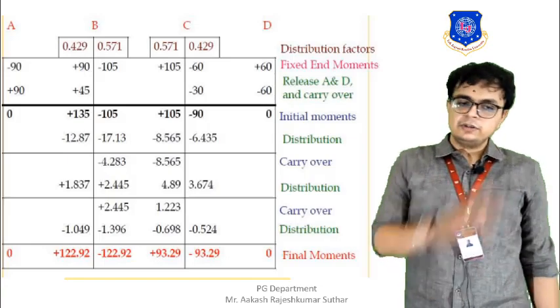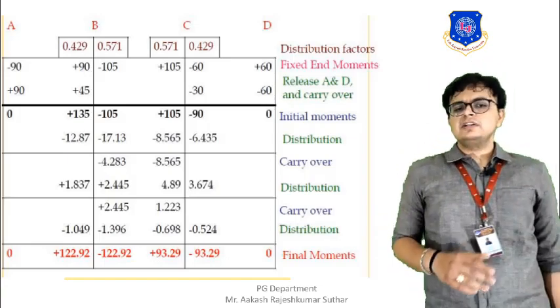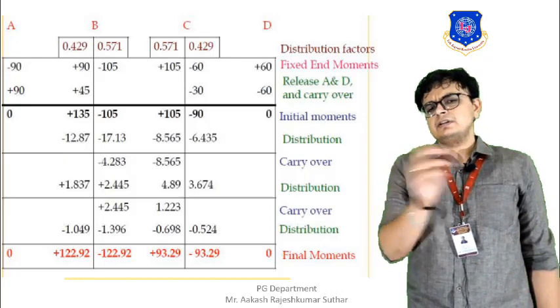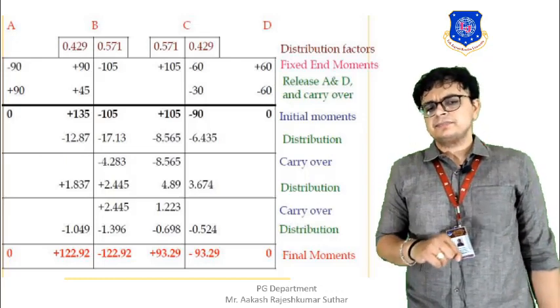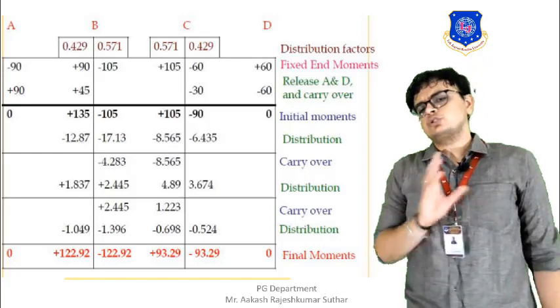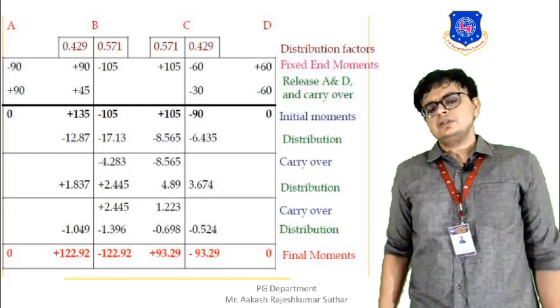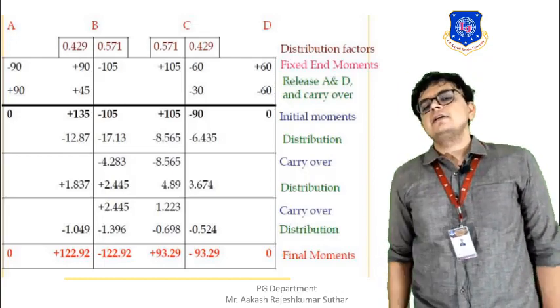Okay. So we have to take the distribution such that whenever the distribution comes with 0.01 or 0 point something or a negative sign, at that time we have to stop the distribution, and after that we have to do the accumulation, the addition and the subtraction of the overall moments.